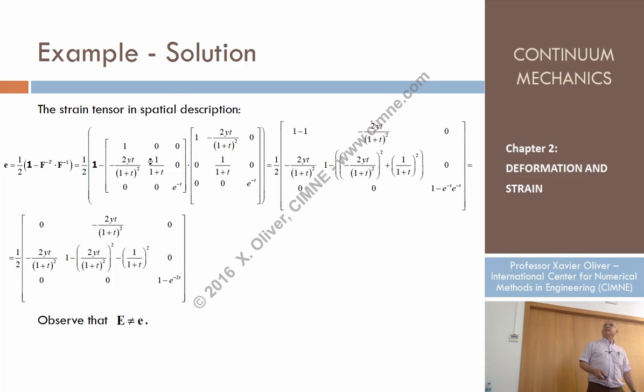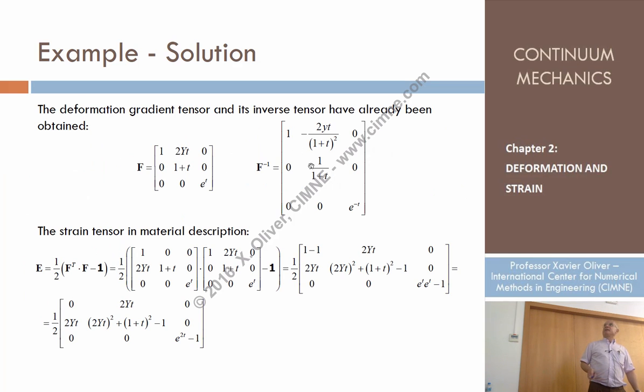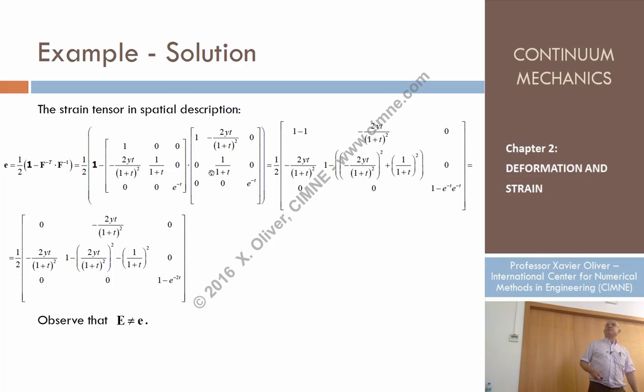For this F to the minus 1, I have to take the inverse of the equations of motion we have obtained before. I place this transposed, which is this. I multiply by F to the minus 1, which is that. I do that product, I do this operation, and obtain that. So this is the spatial strain tensor.